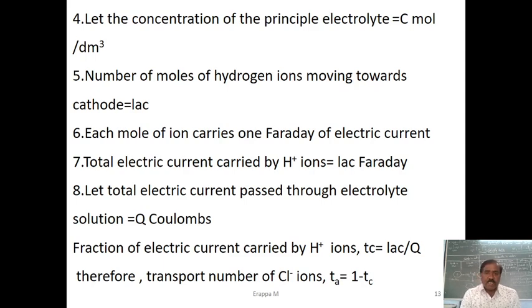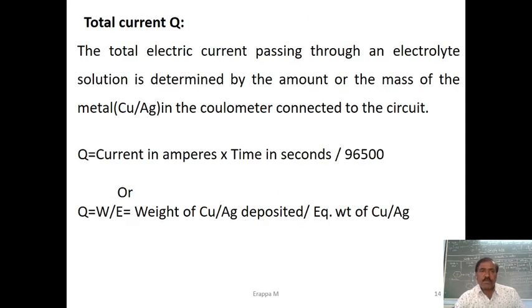Let the total electric current passed through the electrolyte solution be Q coulombs. The fraction of electric current carried by H plus ions, that is the transport number of cation, is equal to LAC divided by the total current Q. Therefore, the transport number of Cl minus ion, Ta, is equal to 1 minus Tc.